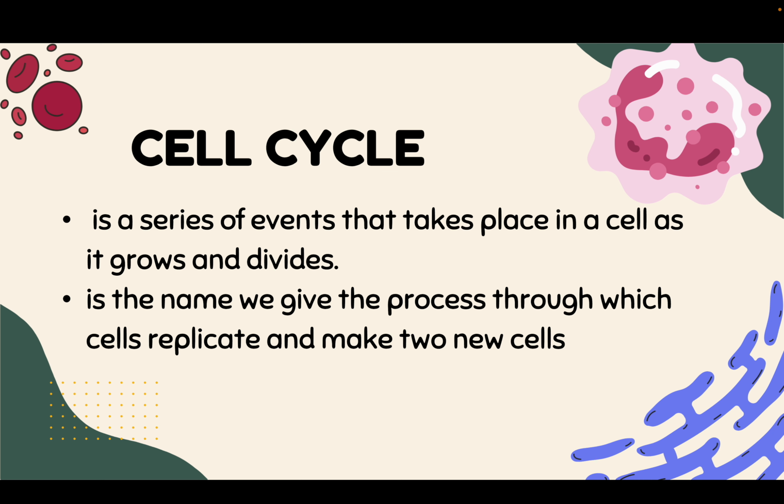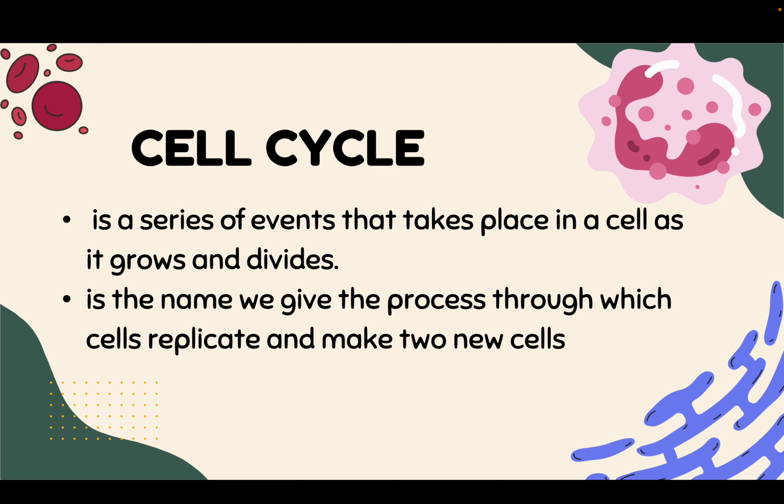We call it a cycle because, as the process completes, the outputs, the divided cells, the progeny cells, will have to begin the initial steps of the cycle.